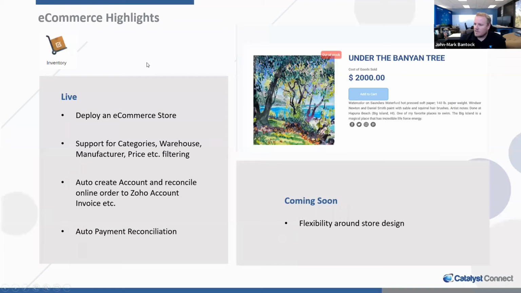On the e-commerce side, this is a pretty extensive build out that we've done over the last few months. We are leveraging Zoho Inventory to actually deploy a full e-commerce solution through the plugin. So you can now have a storefront where you can browse through products, categories. We can drill down into a product and have product information, the ability to share it through social, add it to your cart.